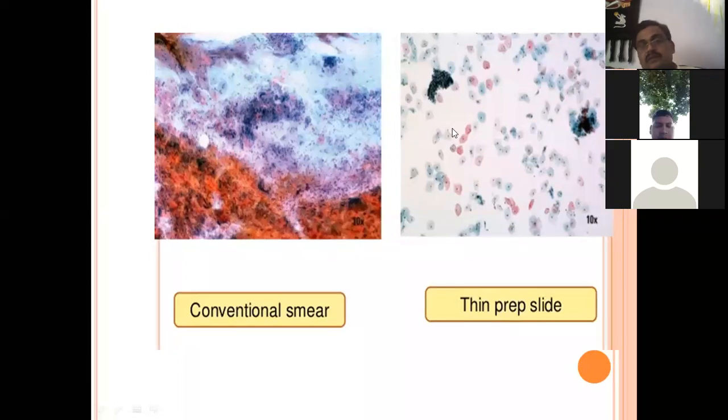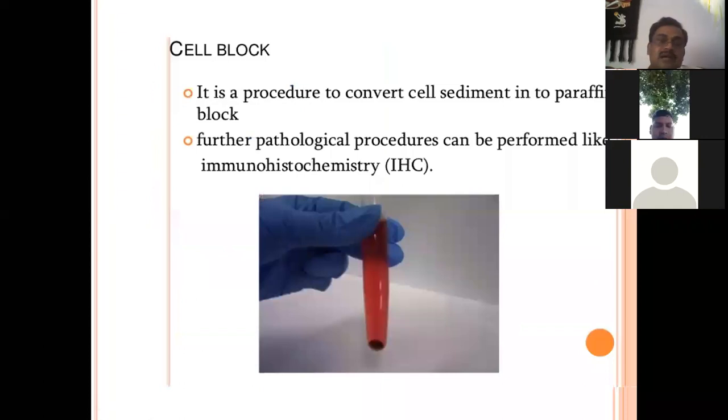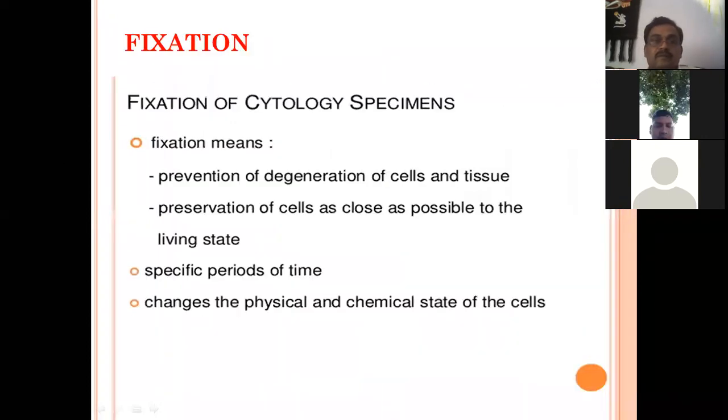But in thin prep slide, you can see this monolayer appearance and every cell is visualized very clearly. And here you see that overlapping of the cells is there. So this is a new technique, thin prep slide, where you can get a very good view of the sample. And it is the latest technique for making cell block, usually used for immunohistochemistry. The sample is centrifuged and this sediment is converted into a cell block, similar to a paraffin block.